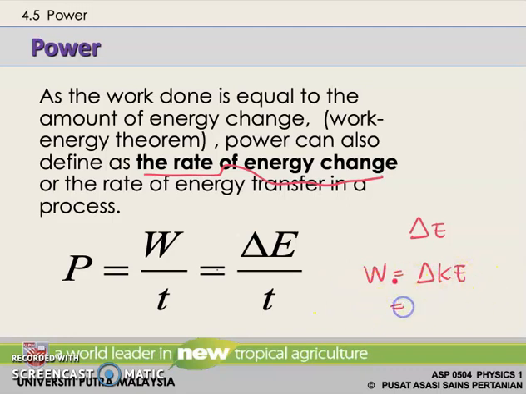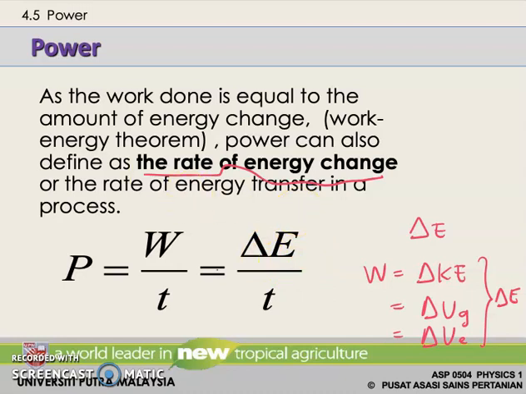We also learned that work done happens when we have the change in gravitational potential energy. Similarly, change in elastic force. All these are delta E, the change in energy. So work done is also called the change in energy. And the rate of energy change is delta E over T, which is also the same as work done over T.